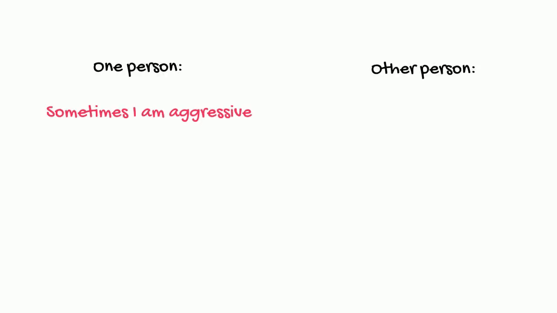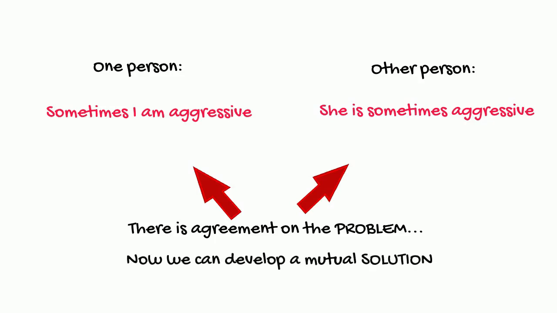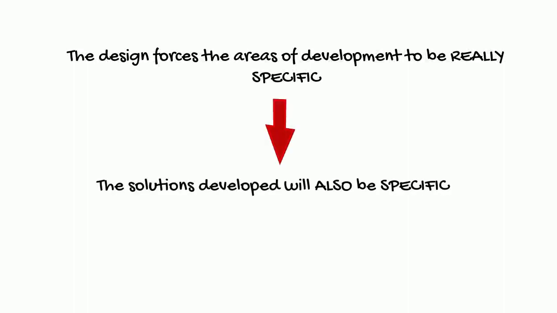For example, if one person sees himself as sometimes being aggressive, he will likely find that the other person agrees. There is agreement on the problem, the aggression, and that leads to the possibility of a mutual solution being developed. This process also forces the behaviours identified as areas for development to be really specific, and this means that the potential solutions will also be specific.